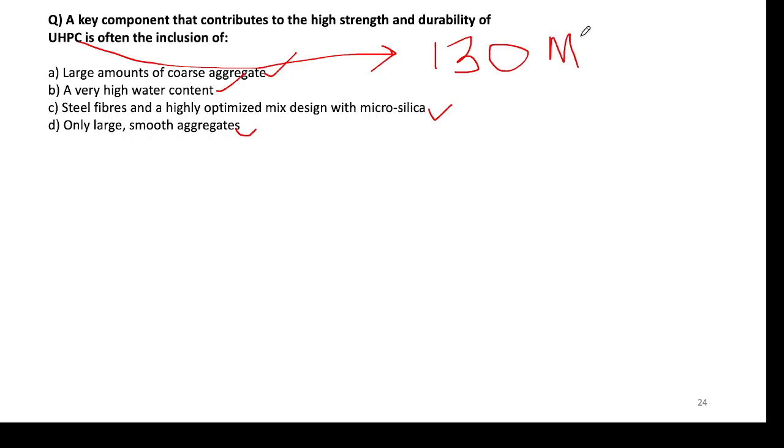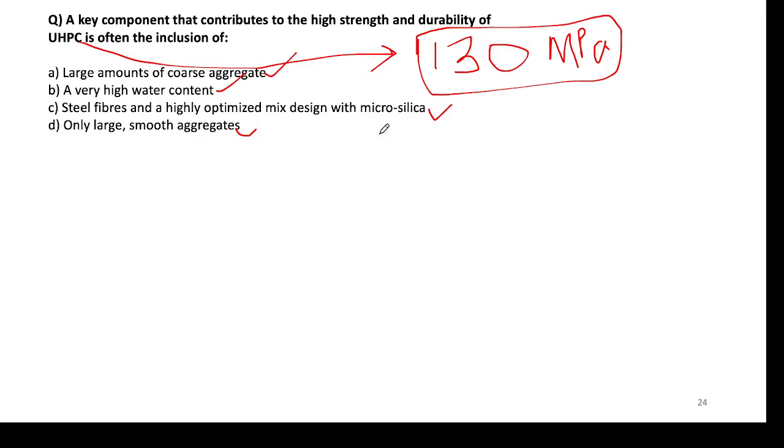Typical concrete has a compressive strength of around 30 MPa, 40 MPa, 50 MPa. Nowadays we are basically going with 50 to 60 MPa for general construction, like reinforced concrete in normal residential buildings and bridges. But a very specialized concrete is used for very special purposes, which has very high strength, called UHPC.